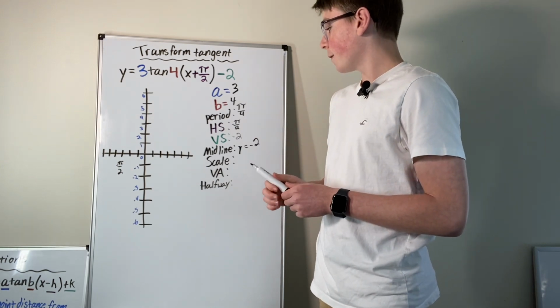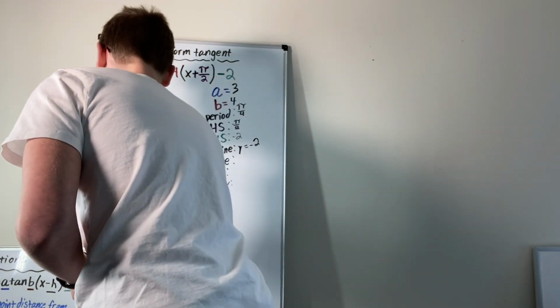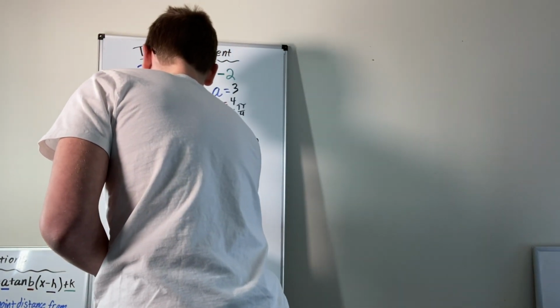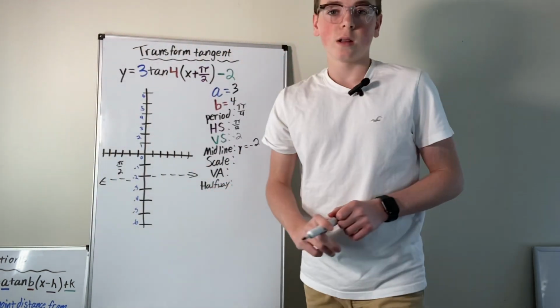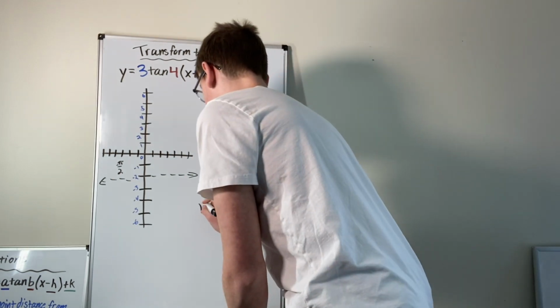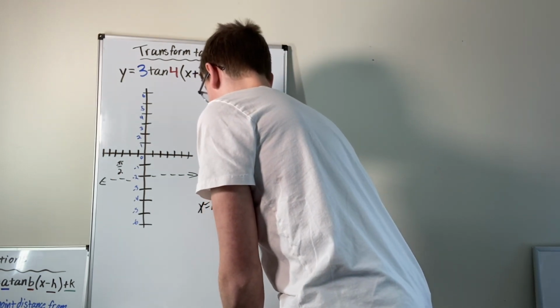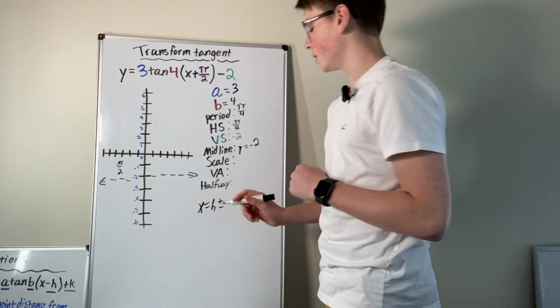But first, I'm going to put in the midline, y equals negative 2. So just a dotted line, y equals negative 2. So now let's find the vertical asymptotes. Our equation is x equals h plus or minus pi over 2b.